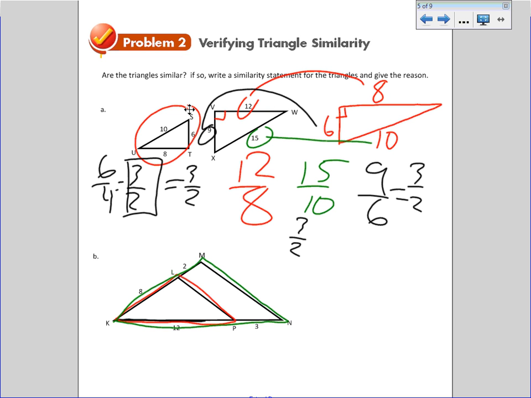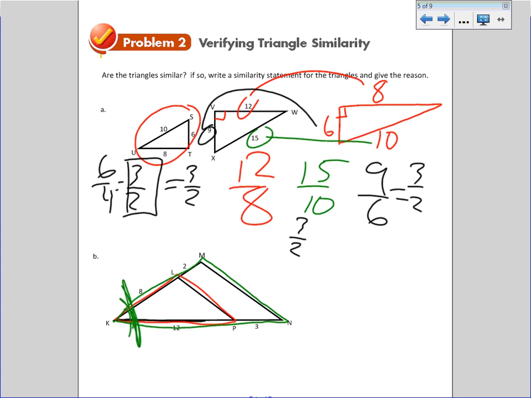And the one is going to be LPK, and we're going to have MKN. Now instantly we can see that K is a common angle. So both of these triangles have this angle here in common.